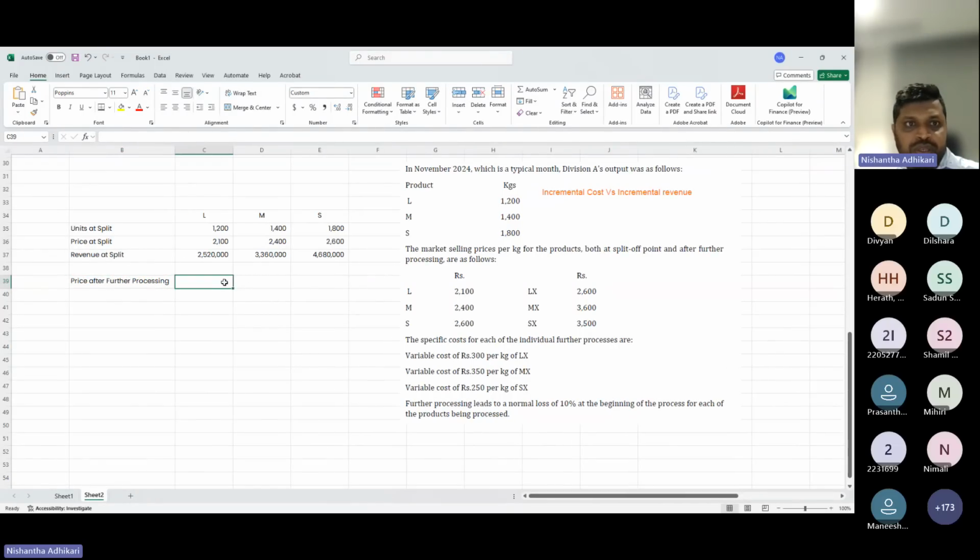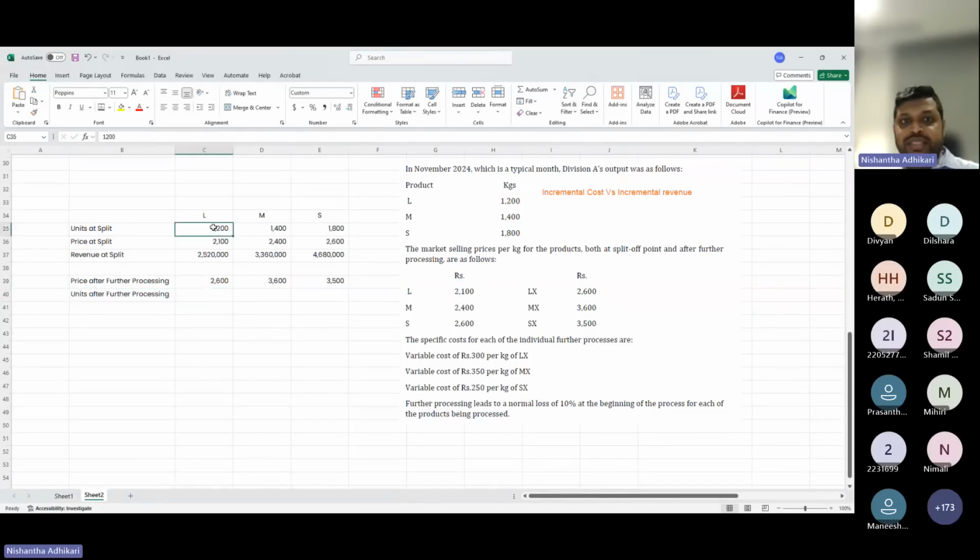That is 2600, 3600, and 3500 for LX, MX, and SX. In addition, we need the units after further processing.